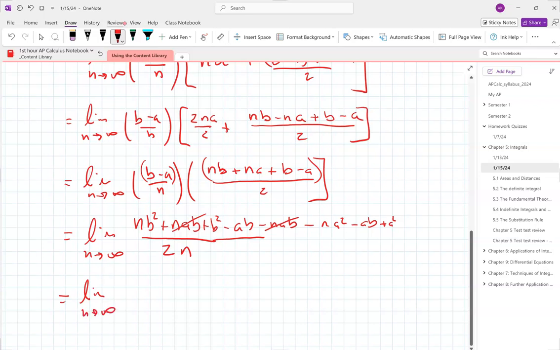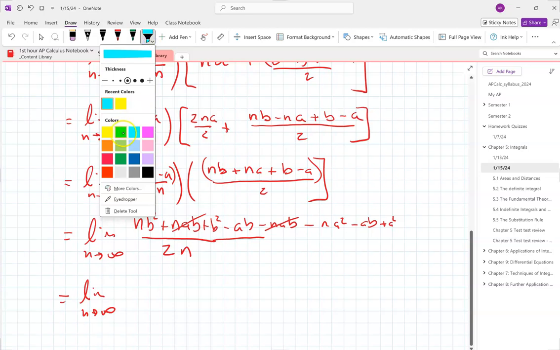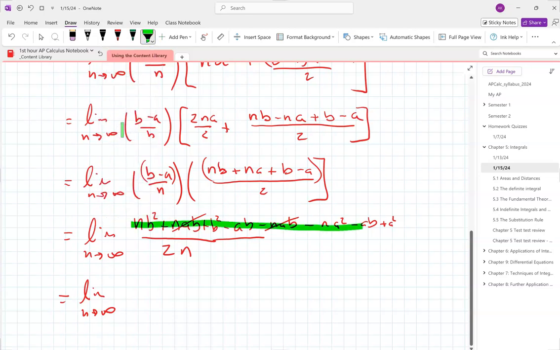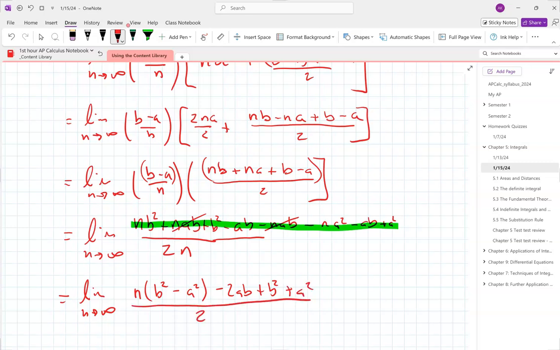And the last thing I'm going to do is write this numerator in a factored form. So I'm going to factor out an n from the terms that I have in n. So I have n times b squared minus a squared, and then I have minus 2ab plus b squared plus a squared all over 2n.